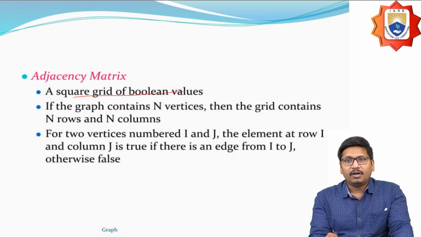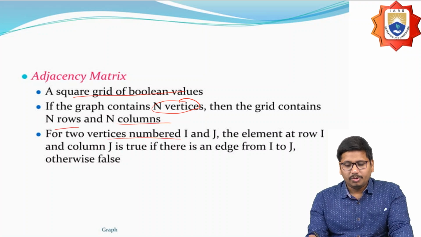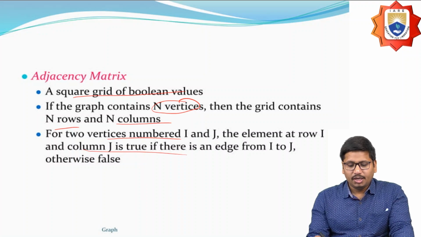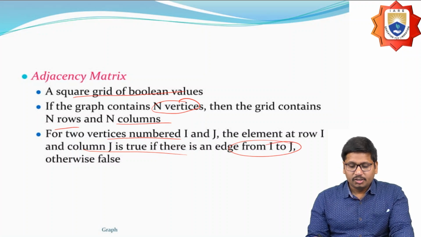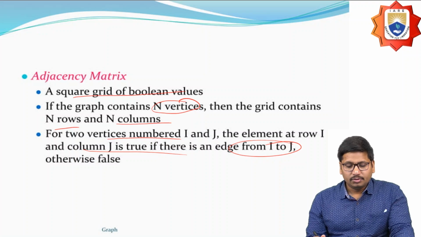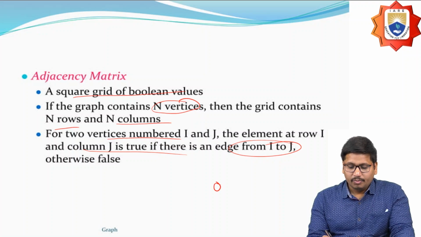If a graph contains n vertices, then the grid contains n rows and n columns. If the rows and columns are numbered i and j, then the element at (i, j) should be true if there is an edge from i to j. So normally this adjacency matrix is a matrix of Boolean values. Whenever there is an edge from one vertex to another vertex, I mark it as true. Otherwise, I mark it as false.